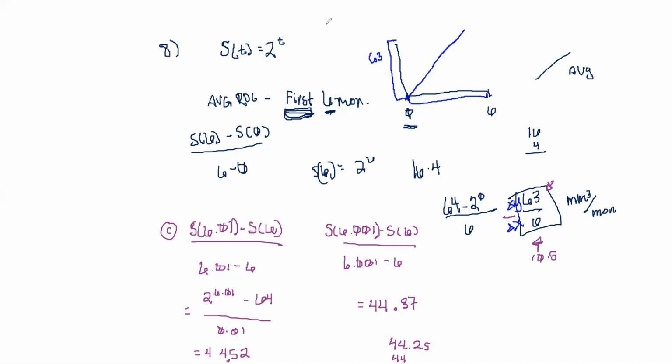So what do you think the graph of this, where the instantaneous rate of change is 44, actually looks like if it's not a line? Because we know that this average is something that we use to make assumptions.